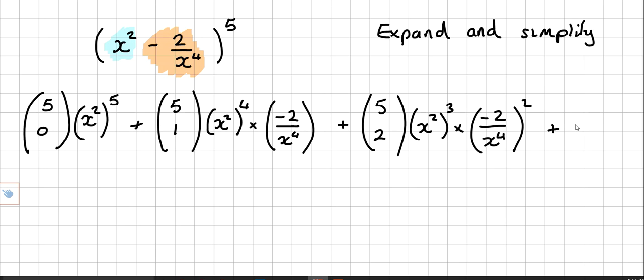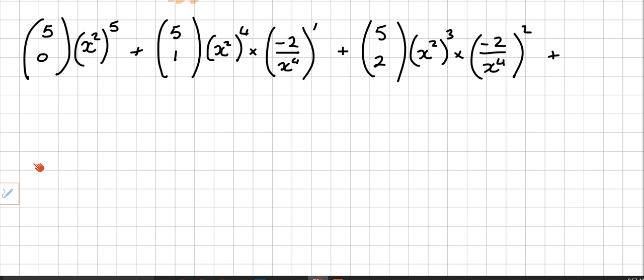So in the first one, for 5, 0, minus 2 over x to the 4 isn't there? Well, remember it's to the power of 0, which is 1, so I just don't write it. So remember all the powers add up to 5 every time, so 4 and 1, 3 and 2, and so on. Is the minus for only the 2? Well, if you put a minus on top of a fraction, the whole fraction is a negative.